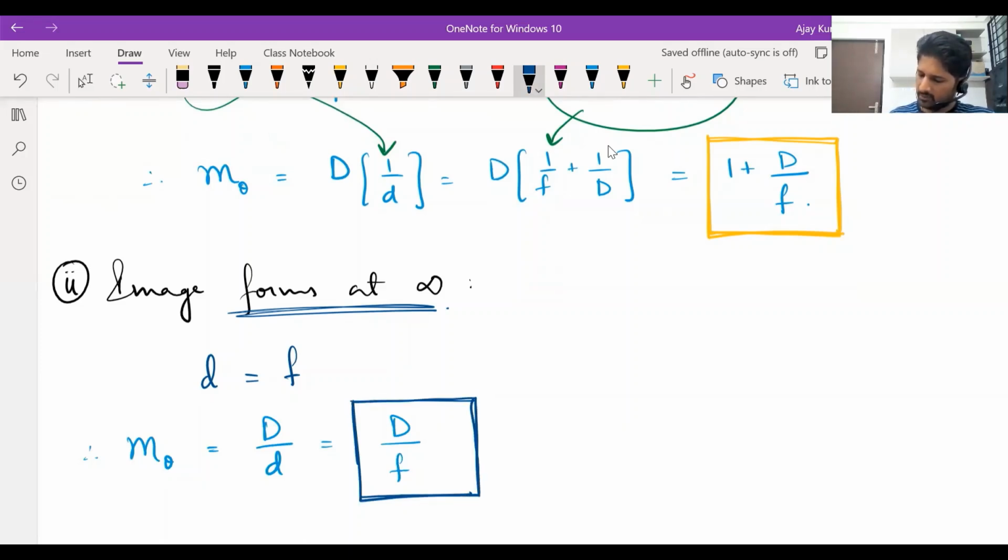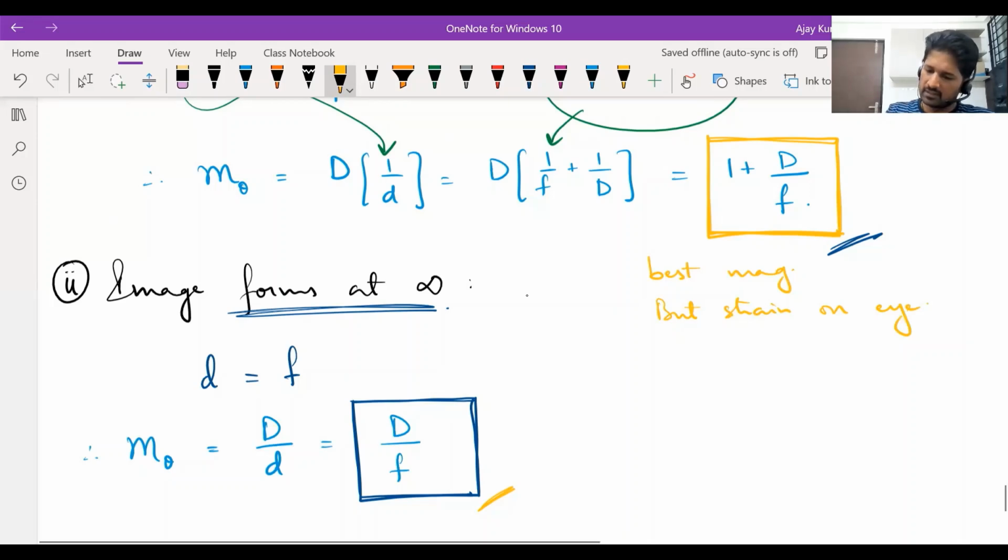When it forms at near point distance, you get 1 plus D by f. When it forms at infinity, you get D by f. If it forms somewhere in between those two, the magnification also will lie between these two values. So what's the difference? 1 plus D by f is the best magnification that you can get, but there will be a strain on the eye.